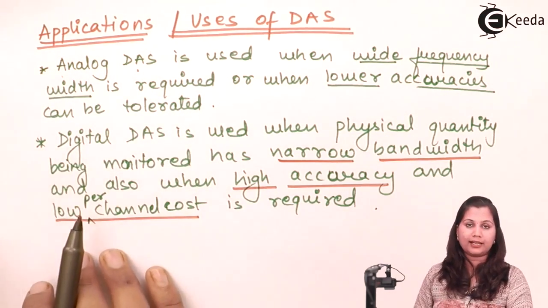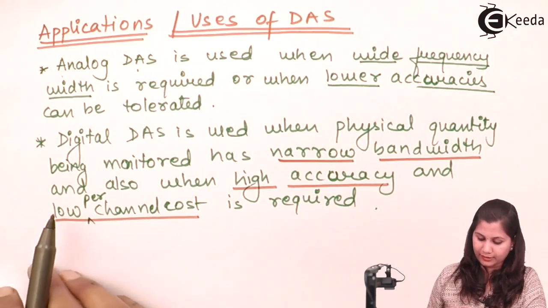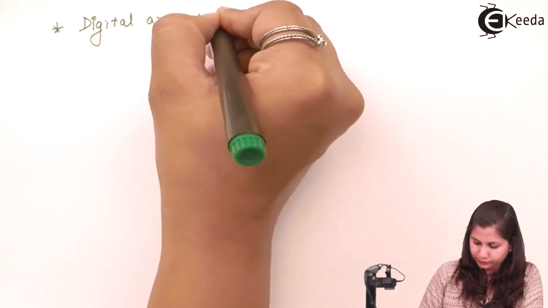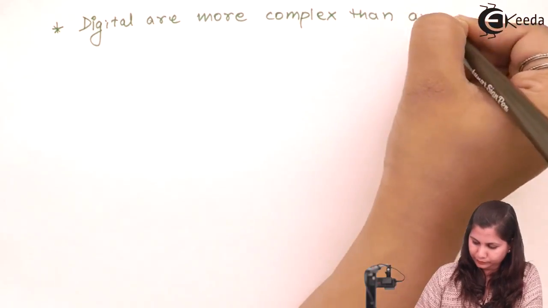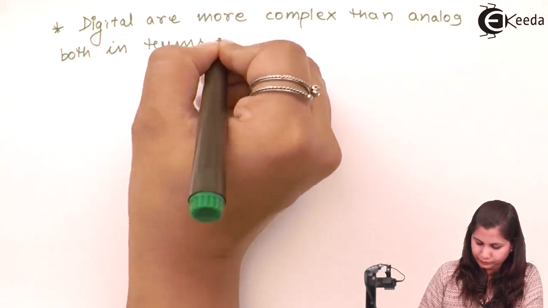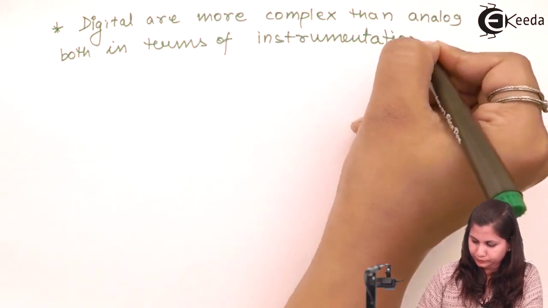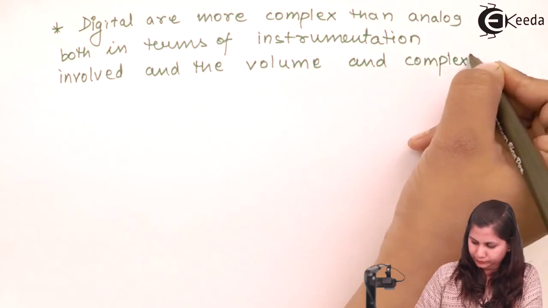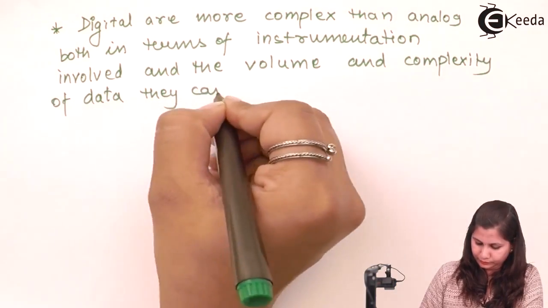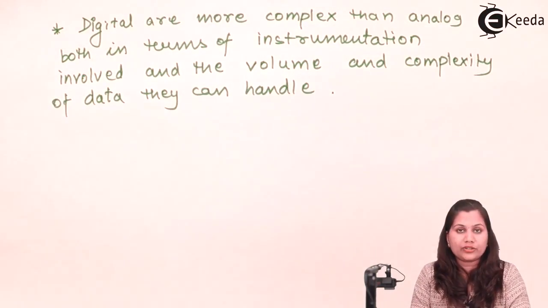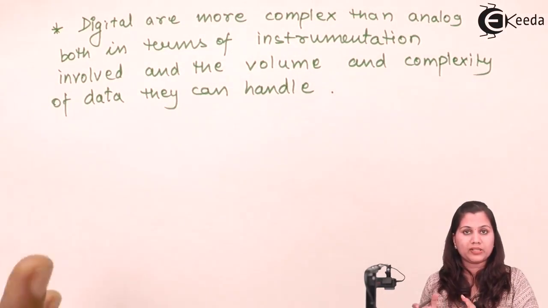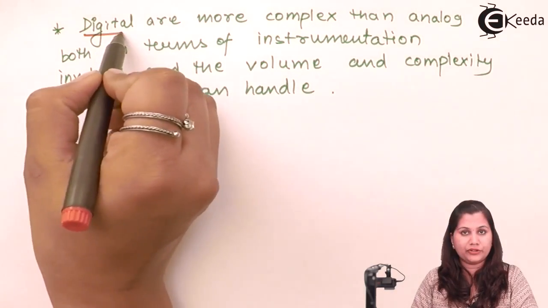Now, digital data acquisition systems are more complex than analog systems, both in terms of the instrumentation, the various components used in these systems, which are more complex in digital systems.